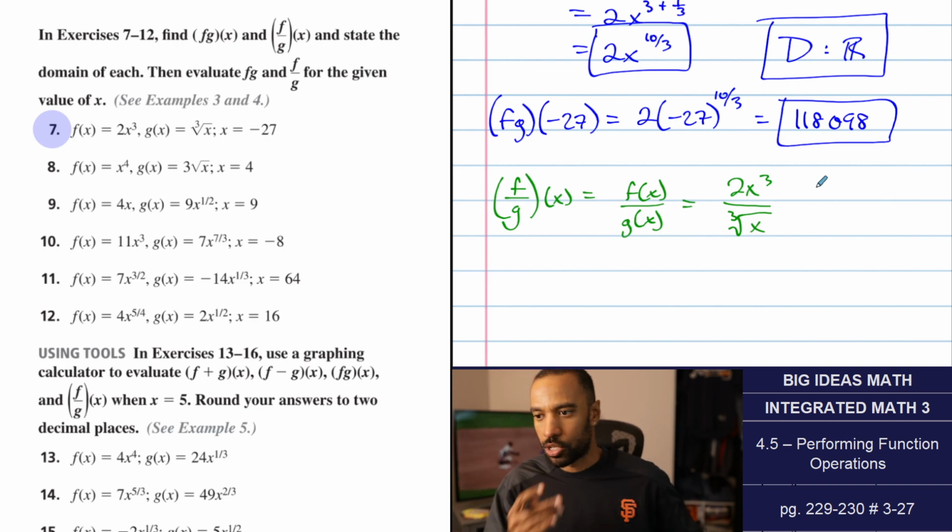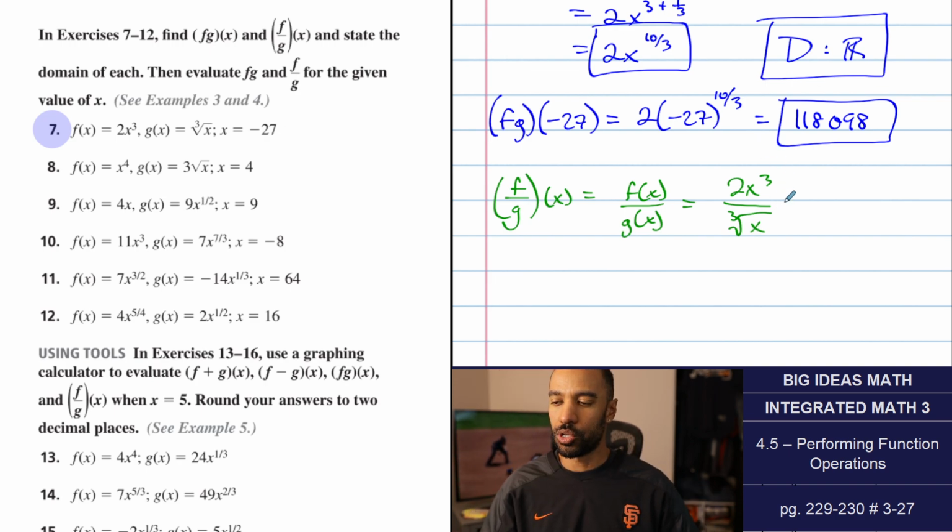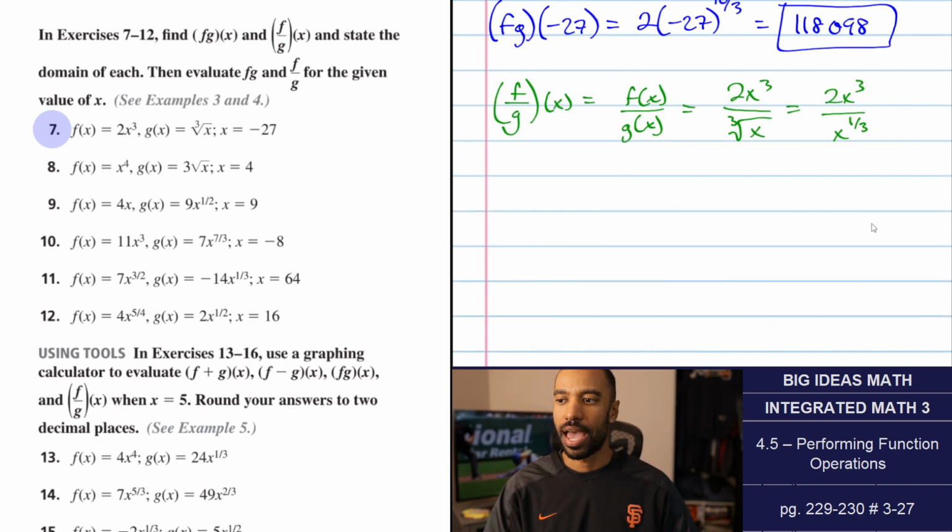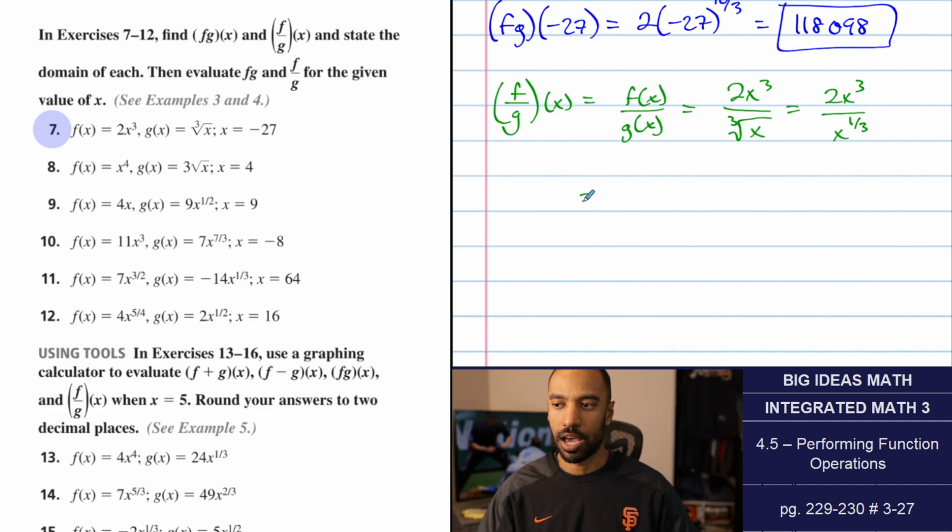Whether you want to choose to rationalize or go another format's up to you. I'd prefer doing exactly what the book probably would do. Turn this into its exponent, and now subtract these exponents. This becomes 2 times x to the 3 minus 1/3 power. 3 minus 1/3 is 9/3 minus 1/3, which is 8/3. So 2x to the 8/3 power.